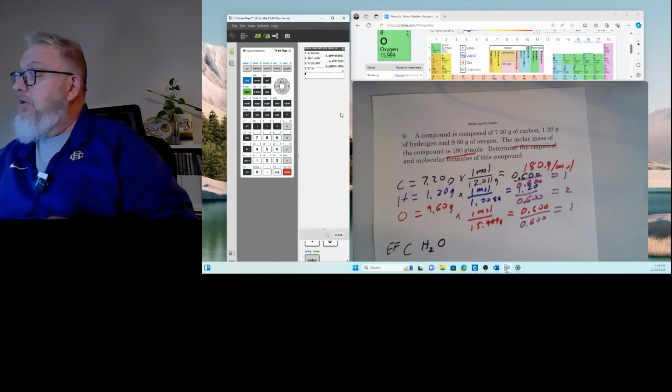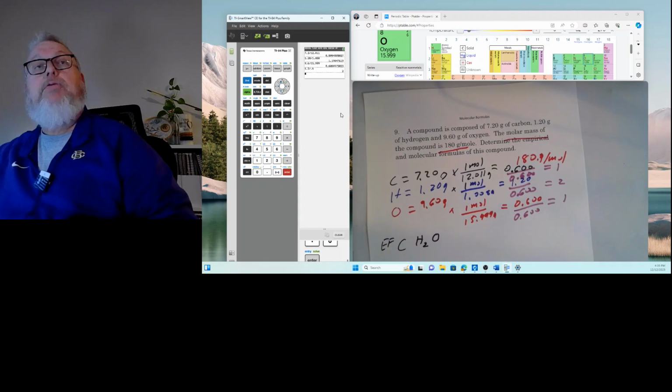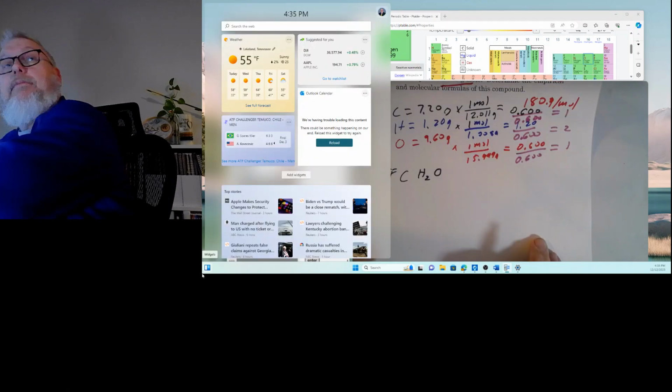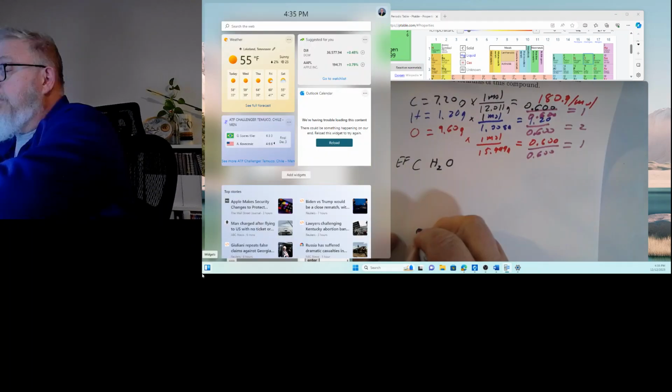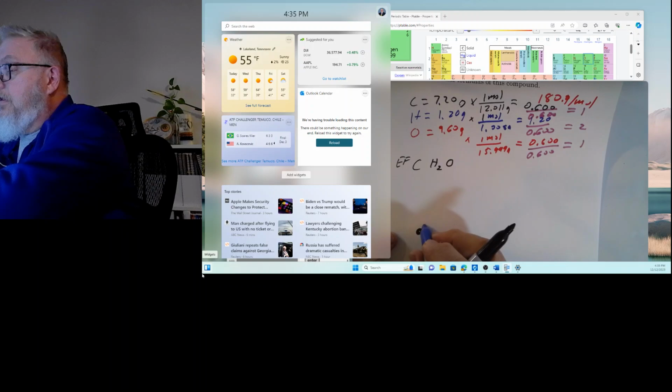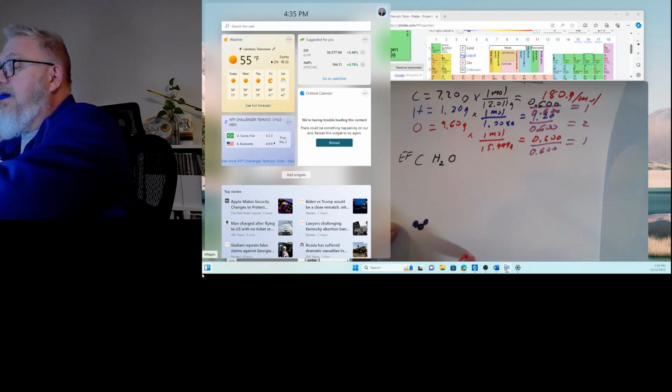Okay. So if I was to see a little diagram of that, I'm going to do it because you need more space. Do it like that. I'd have 1 ball of carbon, I'd have 2 balls of hydrogen, and 1 ball of oxygen.